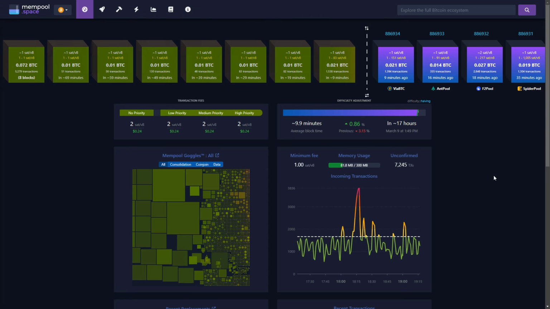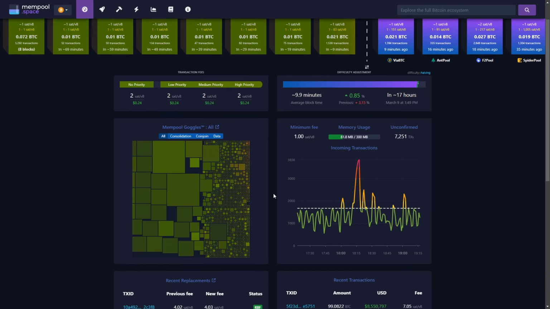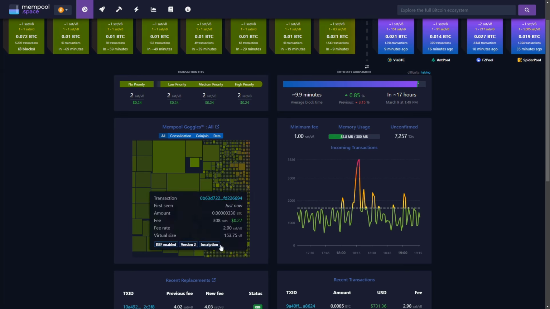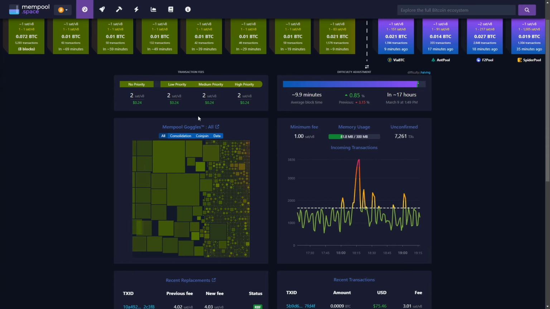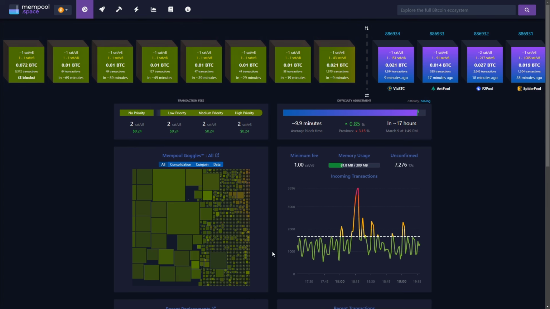So let's start by just looking at the transactions here. Every single Bitcoin block can only contain a certain amount of transactions.